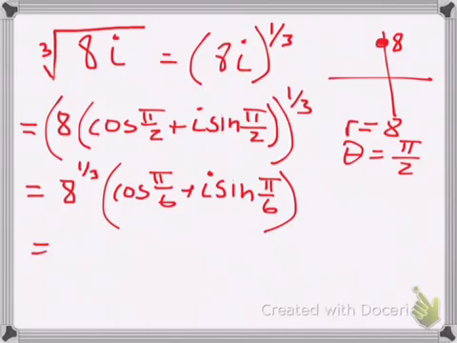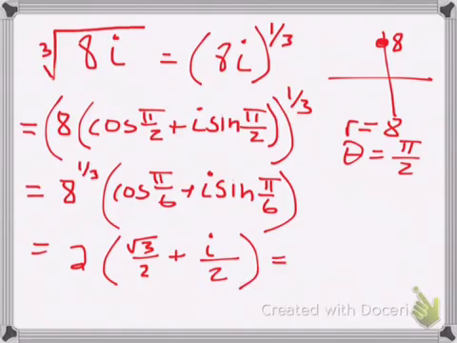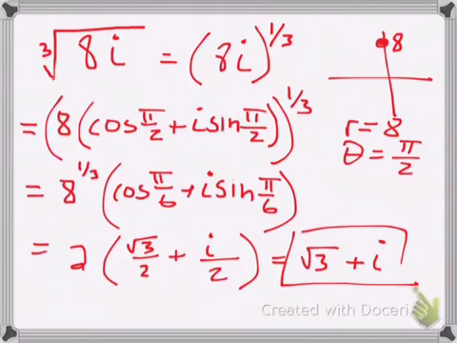So what's the cube root of 8? 2. And the cosine of pi over 6 is the square root of 3 over 2, plus i times the sine of pi over 6, which is 1/2. So this would be equal to the square root of 3 plus i. So negative 2i is not the principal cube root of 8i.